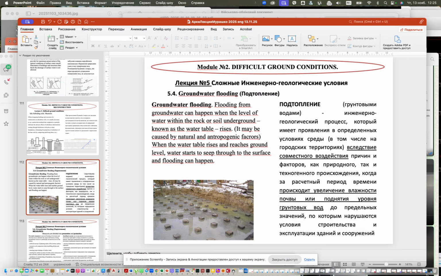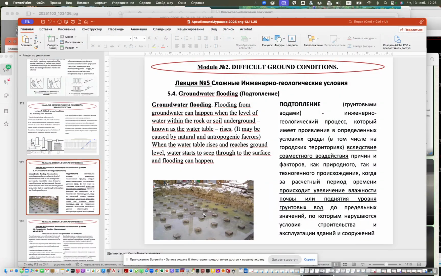But underground water can lead to certain problems for our building, because when we're talking about flooding, it can lead to an increase of the level of underground waters, and it can cause certain problems in our building.